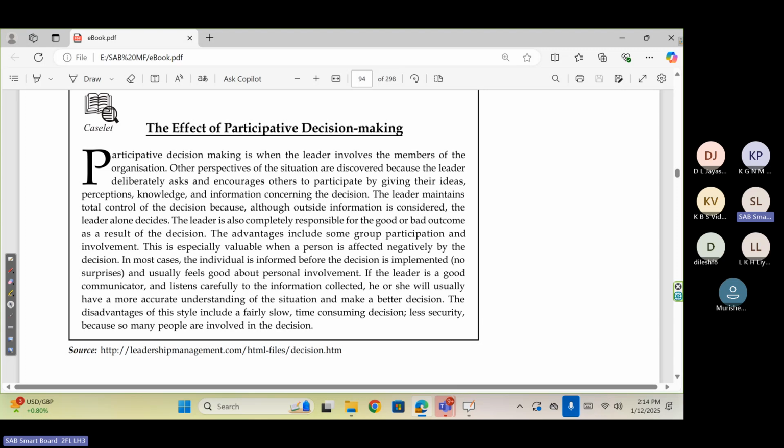I think online members can see this now. The effect of participative decision making.